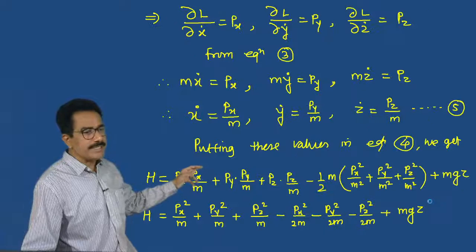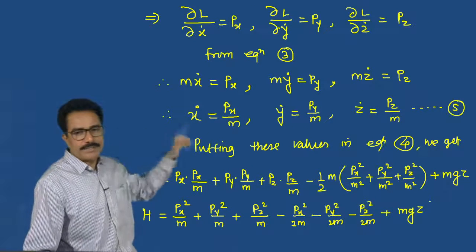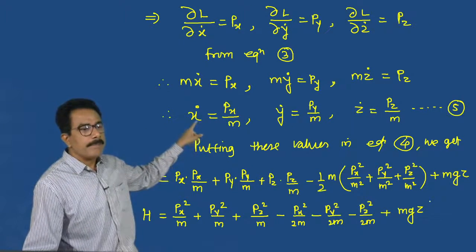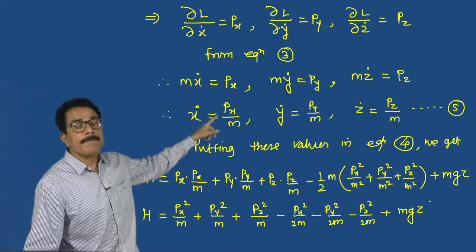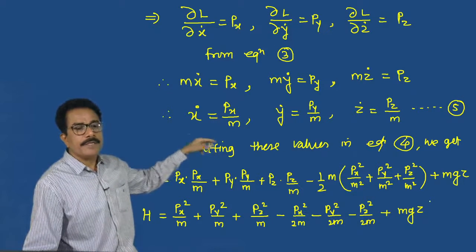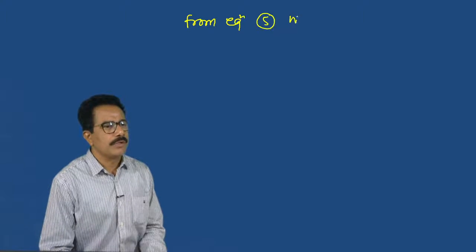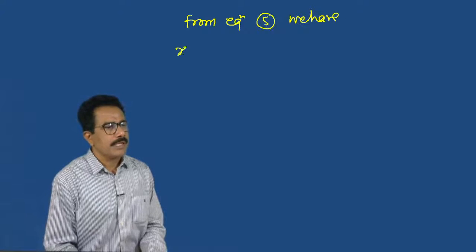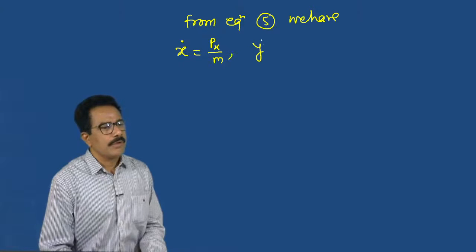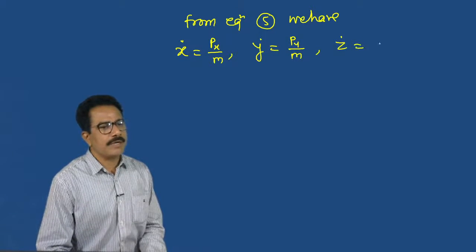Now we know how we can write x dot means px upon m. From equation 5 we have x dot means px upon m, y dot means py upon m, z dot means pz upon m.